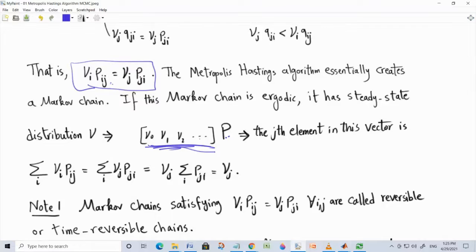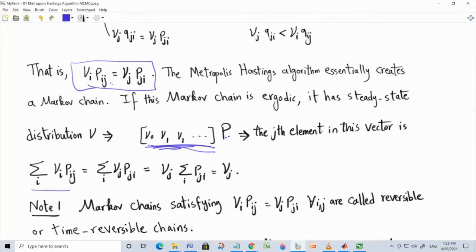If you do this multiplication, you will get the summation over i of mu_i P_ij. You take the vector and do the multiplication column by column. This is what you get when you multiply this row vector by the jth column in the transition probability matrix.